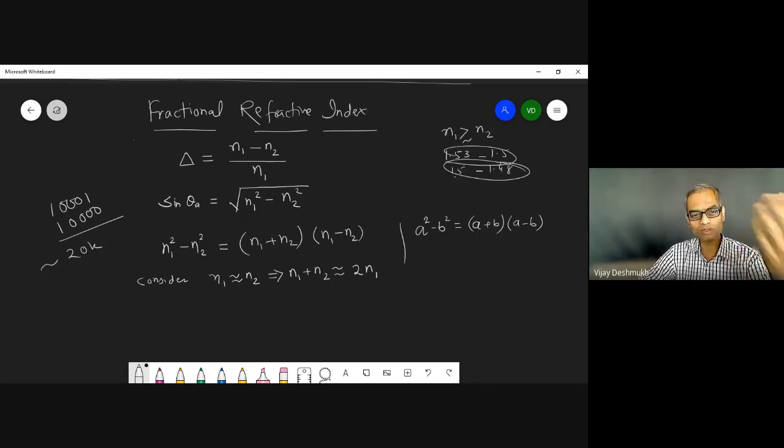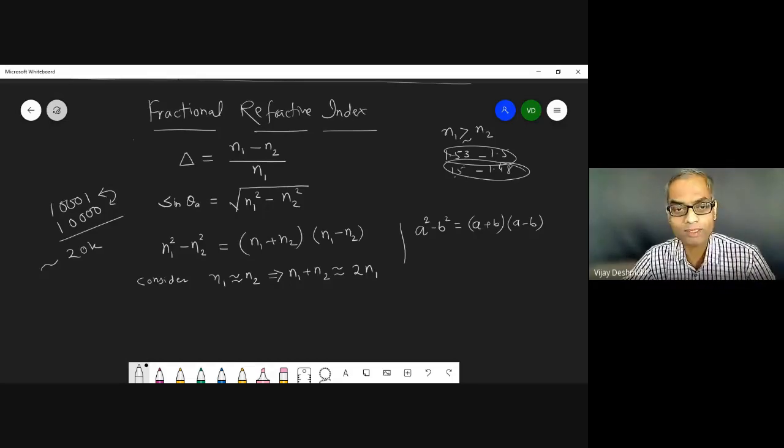We don't care about one when we add this, but if you take the difference of these two, then this 1 rupee also matters, right? That is why, even though N1 is nearly equal to N2, we cannot say N1 minus N2 is 0. No. But we can say N1 plus N2 is nearly equal to 2N1, right?